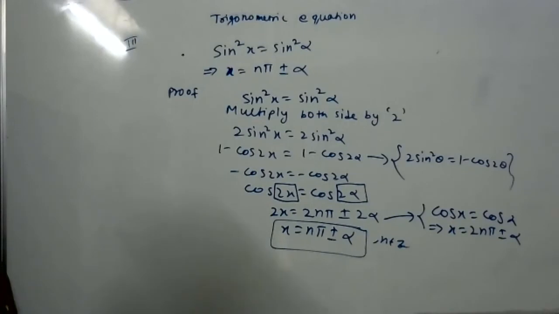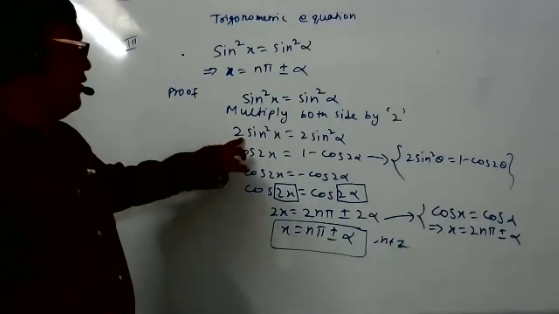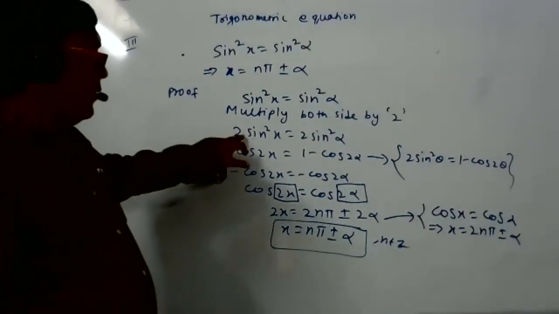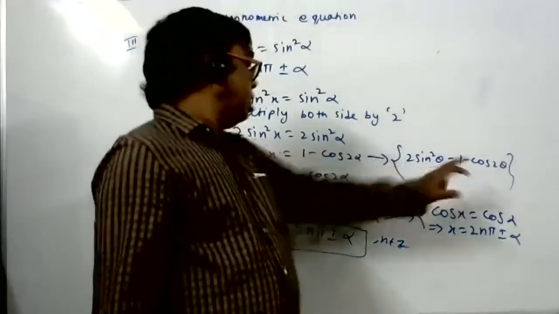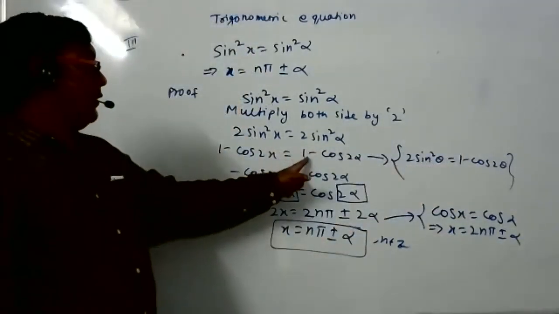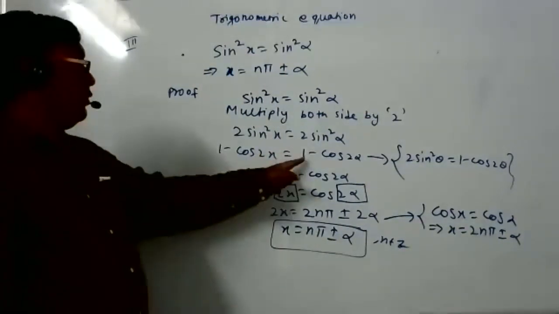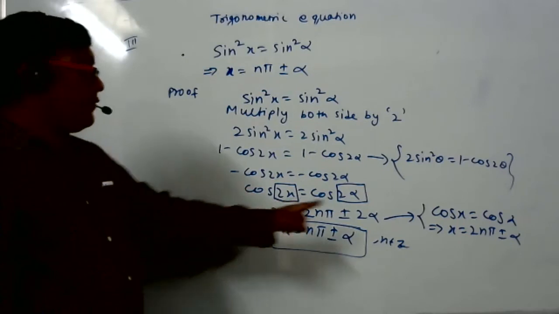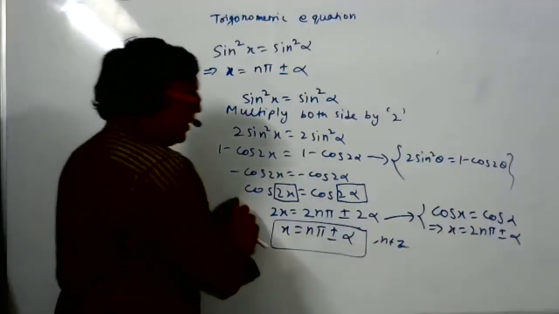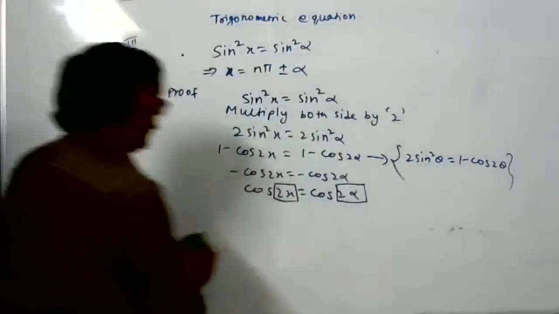Sir, could you explain again after the second? Okay, wait. Here we have used this formula, 2 sine square theta is 1 minus cos 2 theta. 1 and 1 will get cancelled. Then minus minus cancel. After that, this formula, in the previous type 2 formulas, is there now.